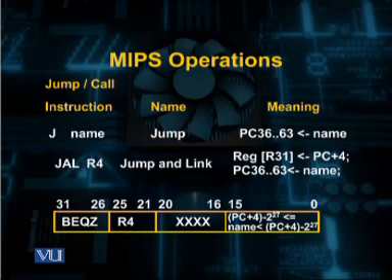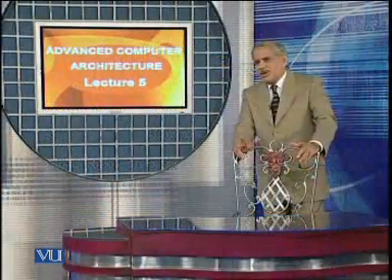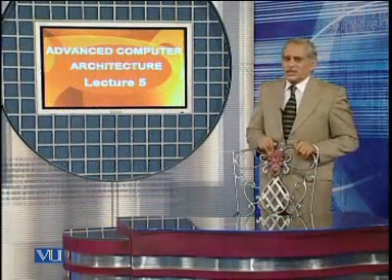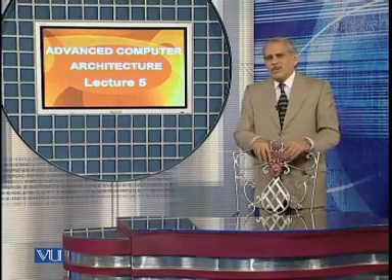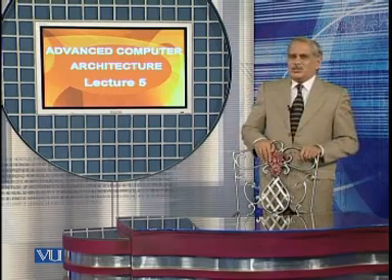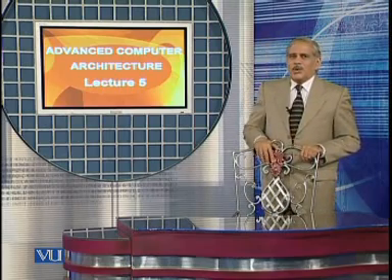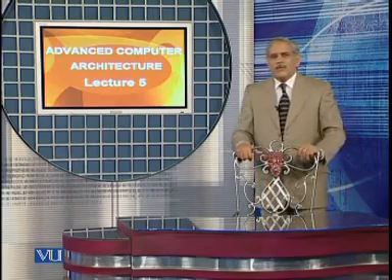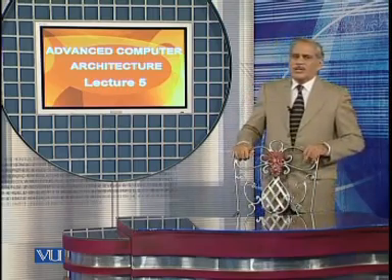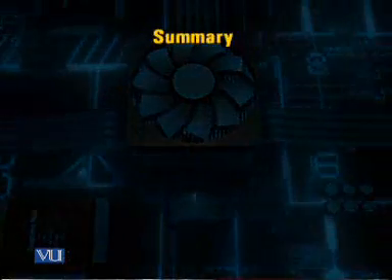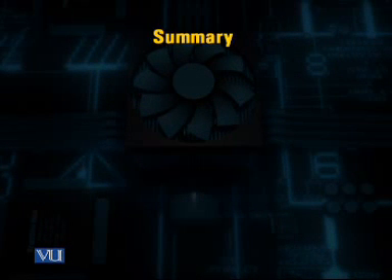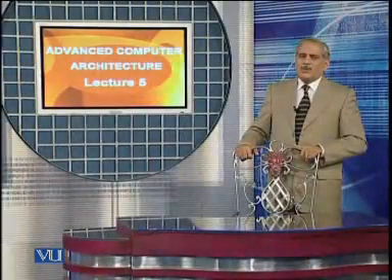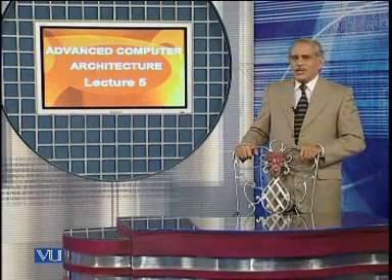Now, at this stage, we will stop our discussion regarding instruction encoding and instruction word designs, and I will give you a brief summary of what we have discussed today and what we will be doing next time. Today we started our discussion with instruction encoding, where we talked about the essential elements of computer instructions, that is, what the types of operands are and what the places of the source operand and the destination are.